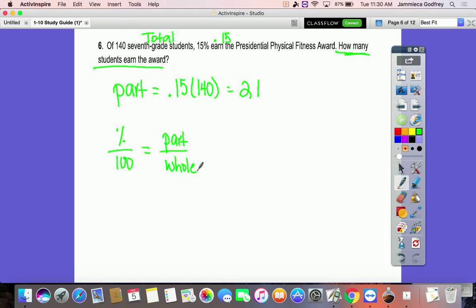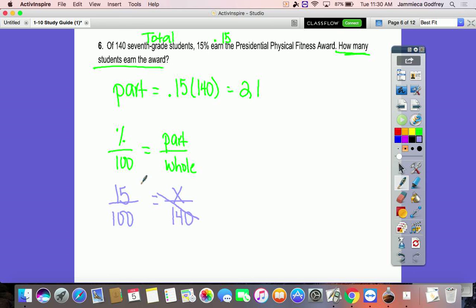So now I'm just going to substitute for what I actually have in my problem. So I do have my total. So as I get ready to write this equation, my total is 140. My part, I don't know what part of the 140, that's what I'm trying to figure out. So I'm going to put an X here. And then I have 15%. Now we're just going to write this as 15 over 100.